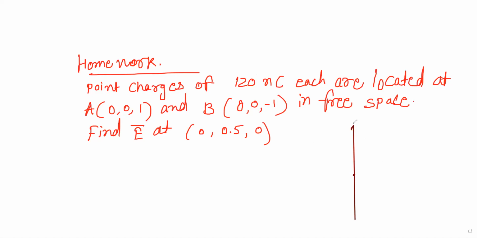On this axis, you may have a point (0, 0, 1) somewhere here, and another point (0, 0, -1) somewhere here.